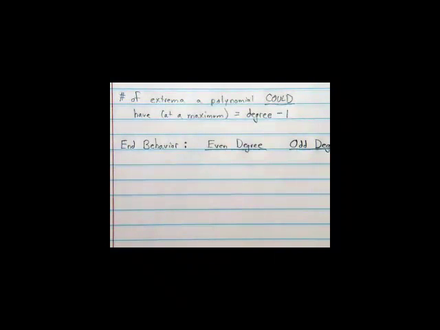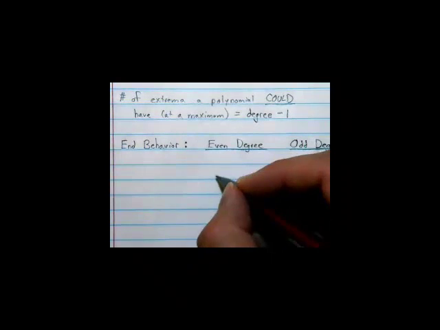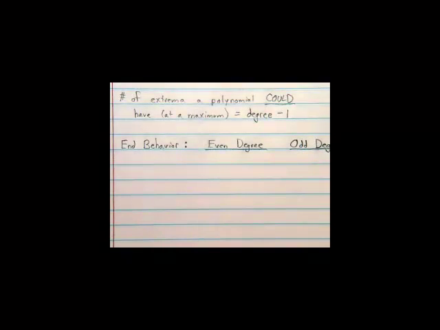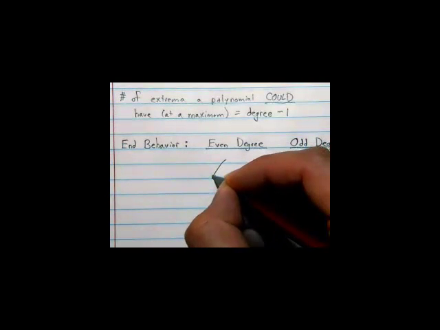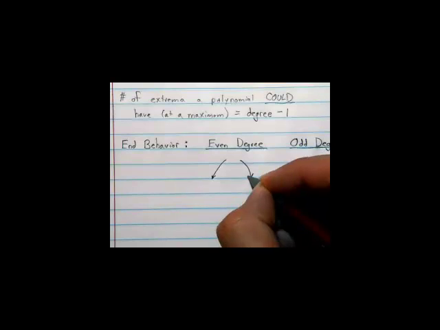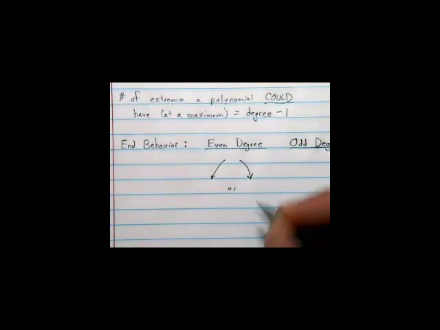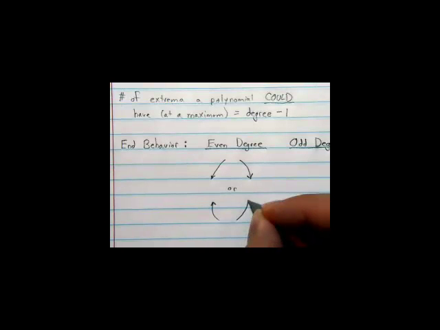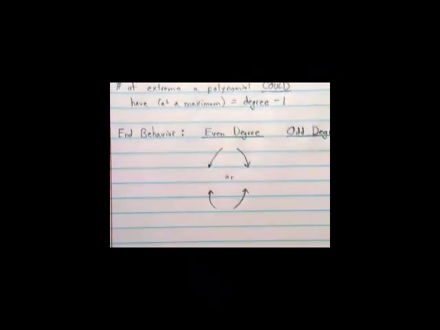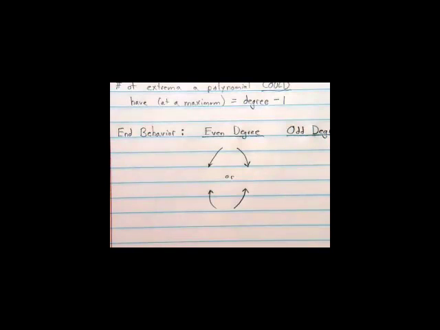Okay, so even degree, we could have, and again, there could be something happening in the middle of the function, but at least the end of the function could be doing that, or it could be doing that. So either they're both going down, they're both approaching negative infinity, or they're both going up, they're both approaching infinity.